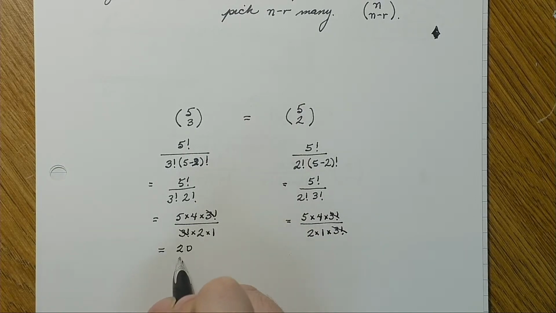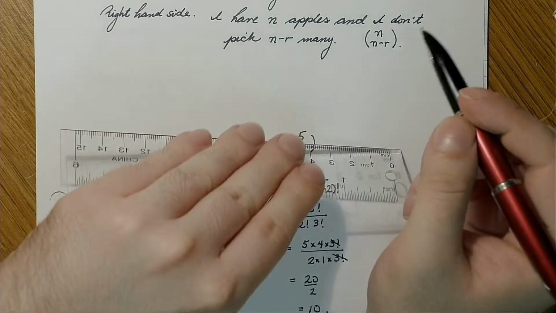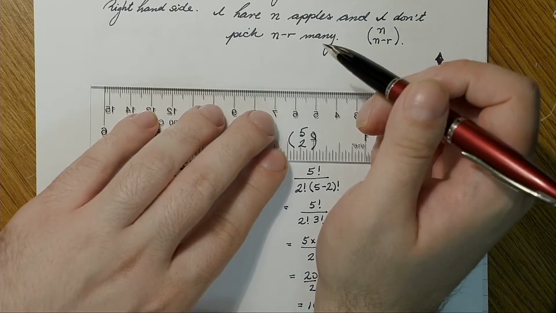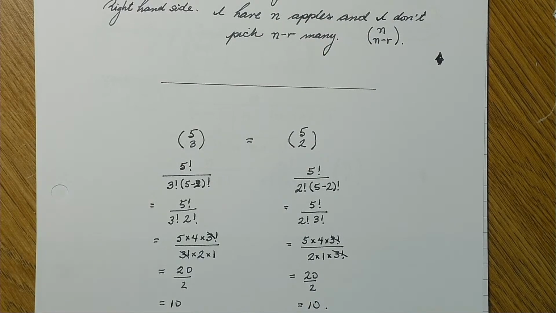So I'm left with 20 over 2, which is 10. And same thing on this side. Perfect.